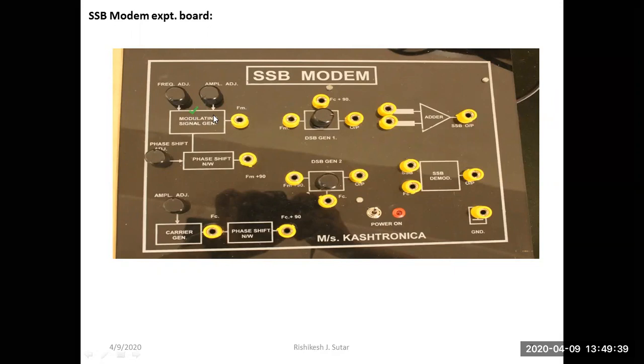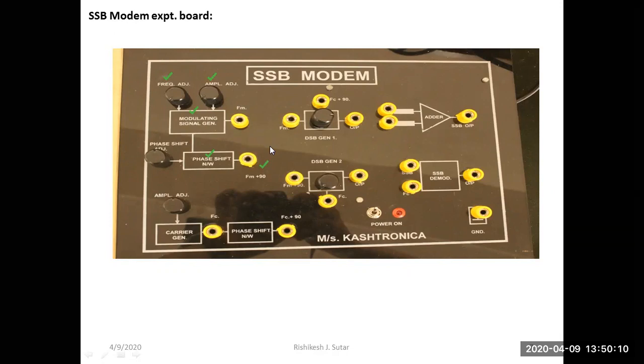We can adjust its frequency as well as amplitude with the help of the frequency adjust and amplitude adjust potentiometers. Modulating signal generator section is connected to phase shift network section, which does the 90-degree phase shifting of modulating signal. Thus it gives out the 90-degree phase shifted modulating signal indicated by FM plus 90.